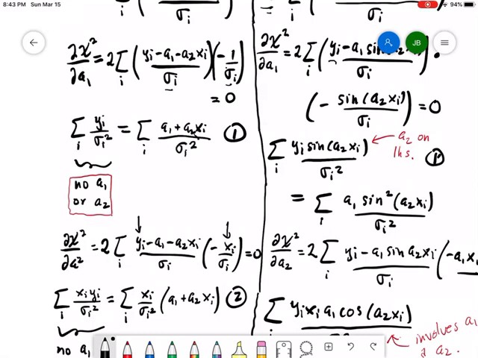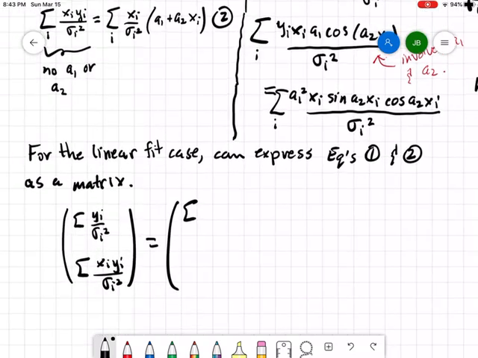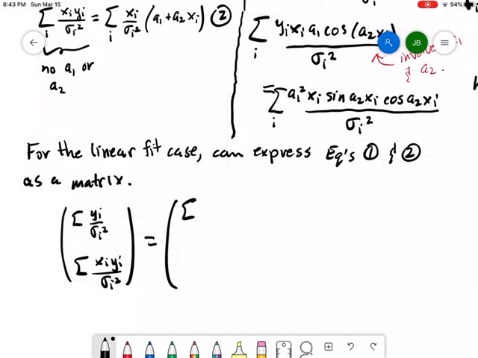Okay, what's the coefficient of a1? It's 1 over sigma i squared. While we're here, let's look at the coefficient of a2. It's xi over sigma i squared. And so in our square matrix, the coefficient of a1 I'm going to enter as 1 over sigma i squared. And for a2, we had xi over sigma i squared.